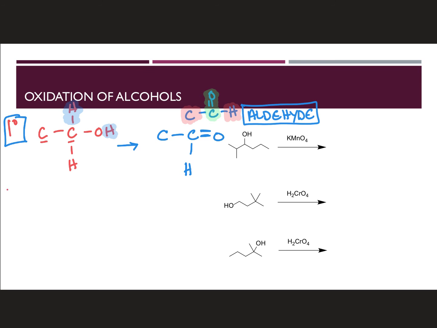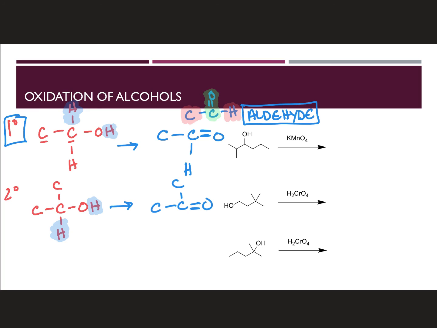If we have a secondary alcohol, now the carbon with the hydroxyl group is attached to two carbons, which leaves one hydrogen. Again, we're going to remove the hydrogen from the oxygen and hydrogen from the carbon. What we are then left with looks like this. Again, the carbon is missing a bond, the oxygen is missing a bond, and so we're going to make a carbon-oxygen double bond.